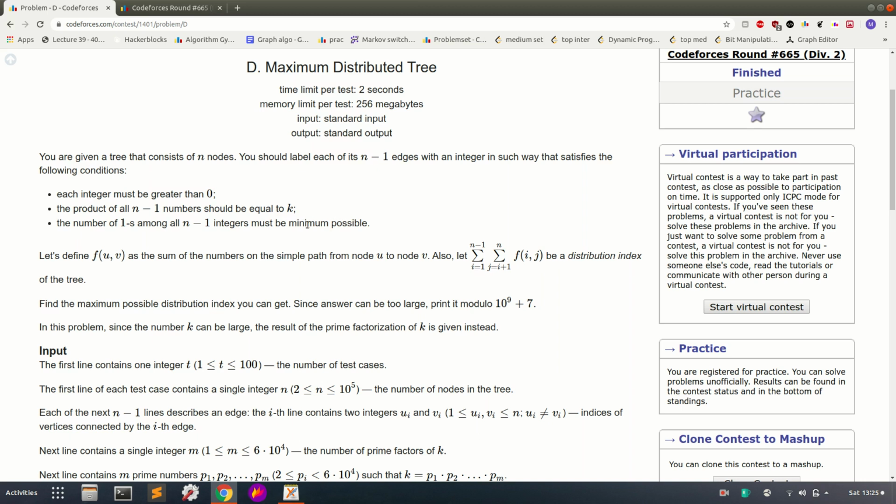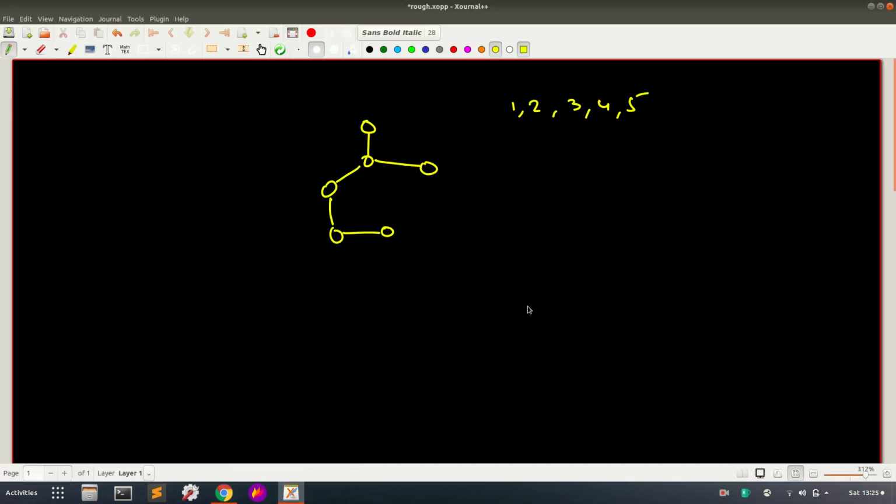Now let's try and first understand how we can allocate the numbers that have already been given to us to maximize the distribution index. Let's suppose this is the tree that has been given and these are the numbers that we want to allocate on the edges. So what should be the sequence in which we allocate these numbers?